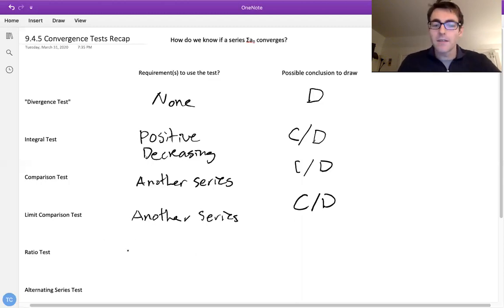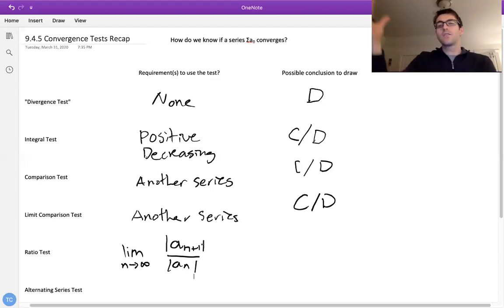For the ratio test, we're only working with one series. We're not comparing it to anything else. But the way it works is that we're going to take the limit as n goes to infinity of a_(n+1) over a_n, in absolute values. In other words, we're saying, all right, what is sort of the end behavior for this? Like the next term, does that increase or decrease?